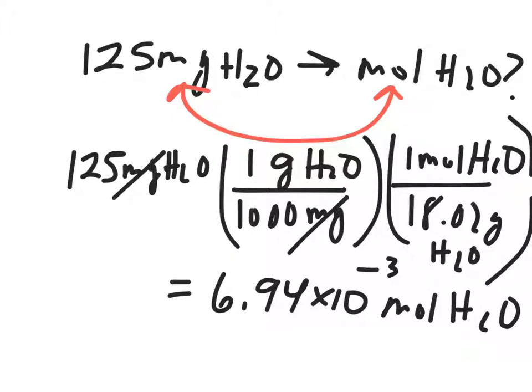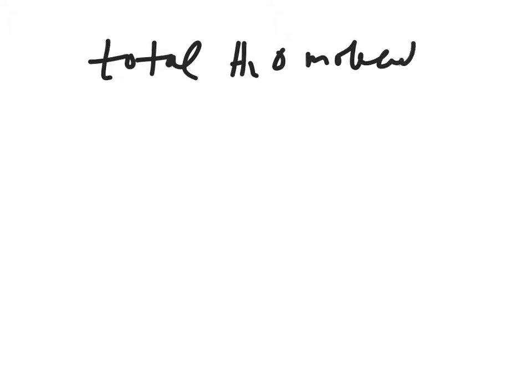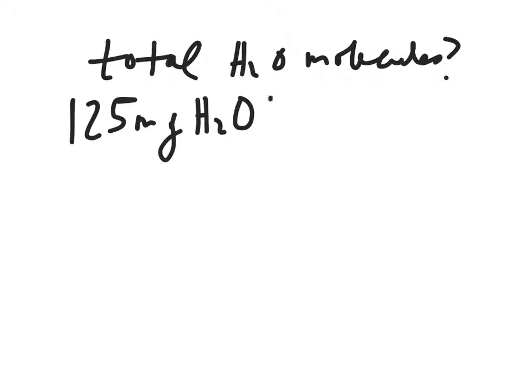Now, it could be that instead, how many total water molecules is that? So if instead I wanted to know total number of water molecules, I could do one more step in my calculation. So just starting from the beginning again, I could say I have 125 mgs of water.